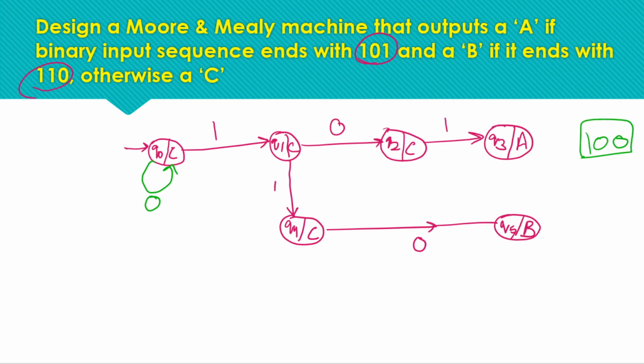We are not on the path of 101 or 110. So we have to restart both patterns' paths, and for that we move back to the initial state for input symbol 0. Okay, so I think this transition is not clear.